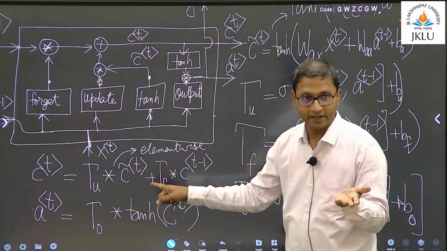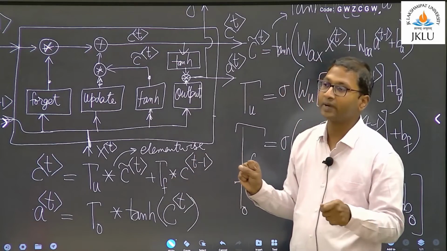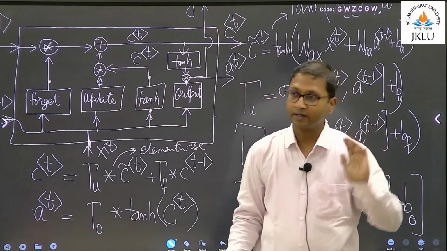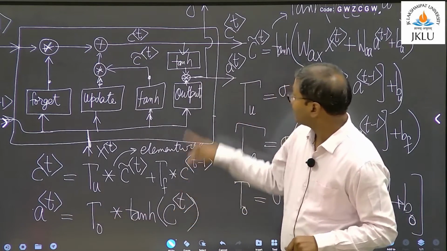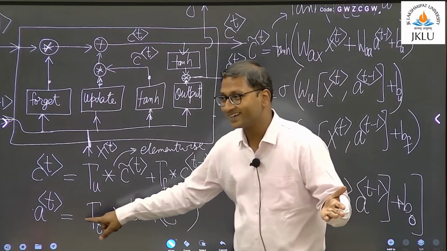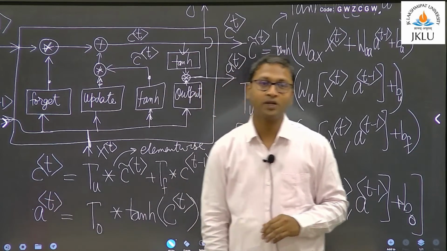This is normal matrix addition. Tau f is 100 cross 1. What must CT minus 1 be? 100 cross 1, and hence CT is also 100 cross 1. What is CT? tanh. This whole thing is 100 cross 1. Element wise multiplication gives me the same.